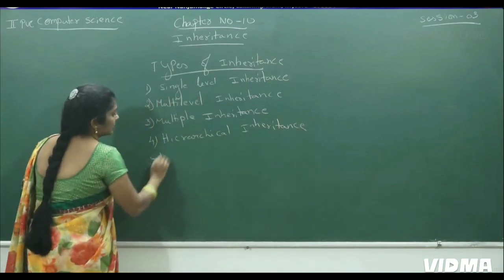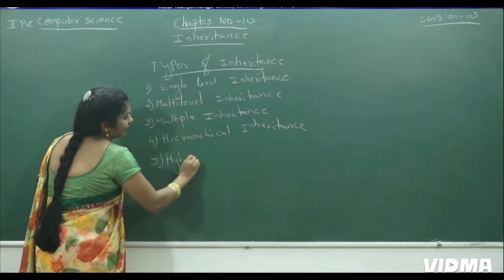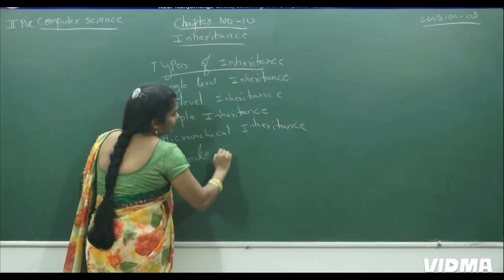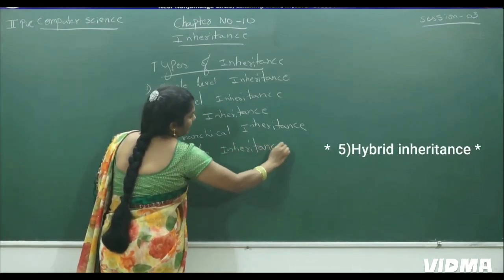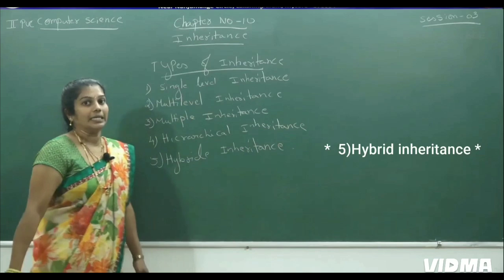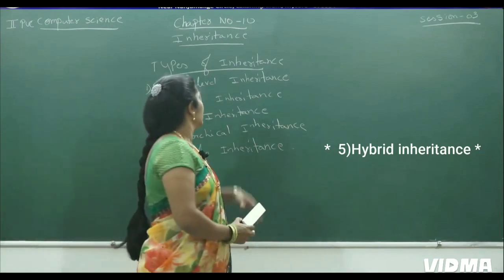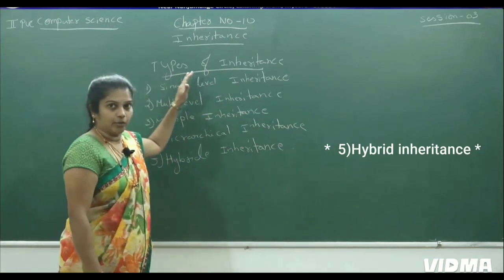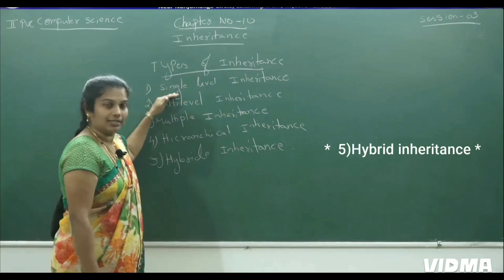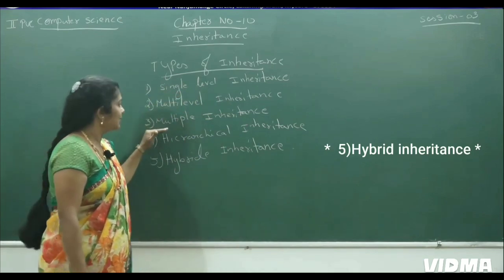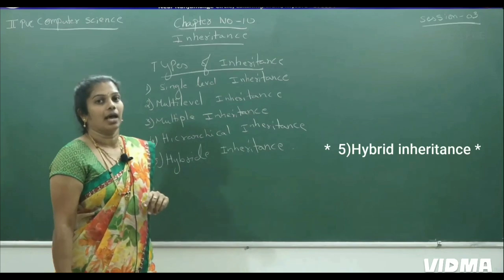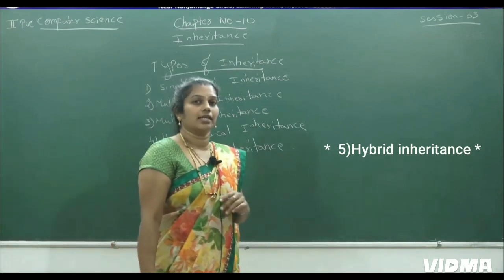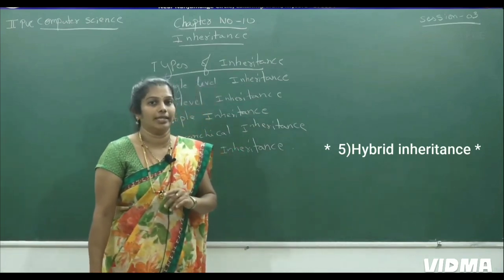And the last one is hybrid inheritance. So the types of inheritance are single level inheritance, multi-level inheritance, multiple inheritance, hierarchical inheritance, as well as hybrid inheritance. These are the different types of inheritance.